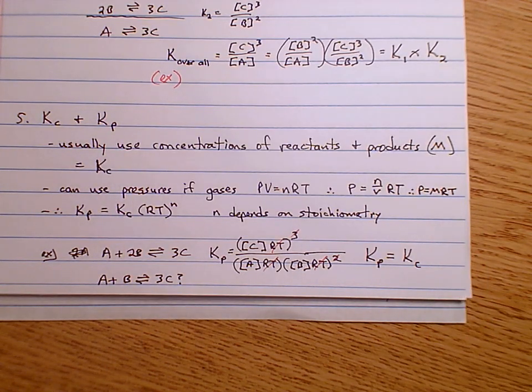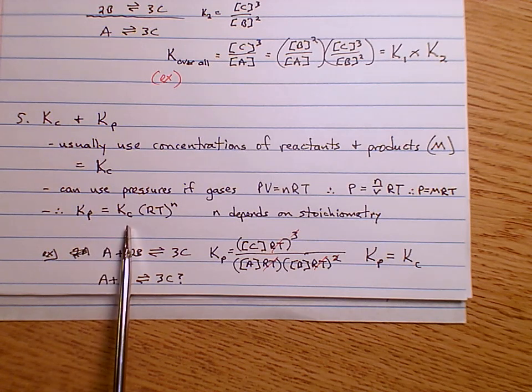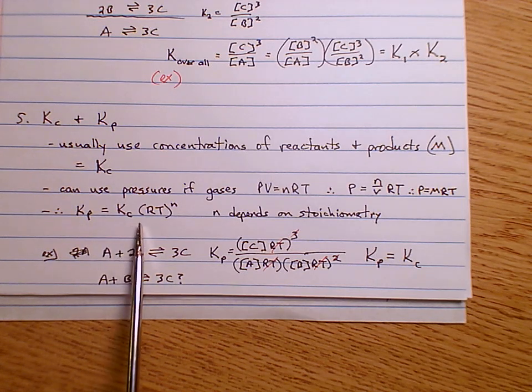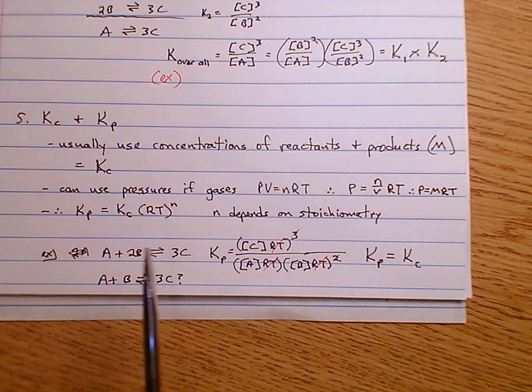Now, R is a constant. And so as long as you know the temperature you run the reaction at, you can calculate Kp, the equilibrium constant related to pressure, which is going to equal Kc, which deals with molarity, times RT to some value n, where n depends on the stoichiometry.